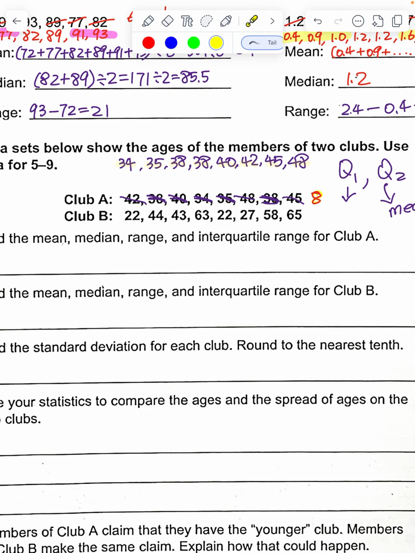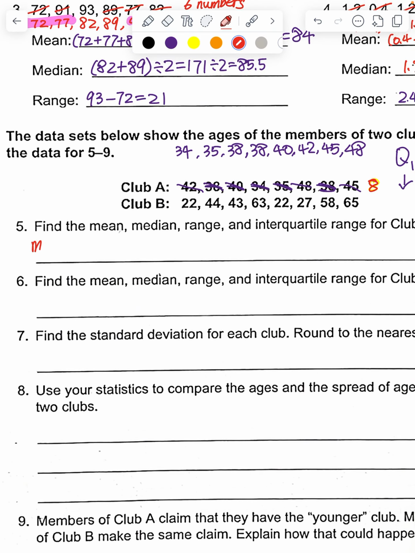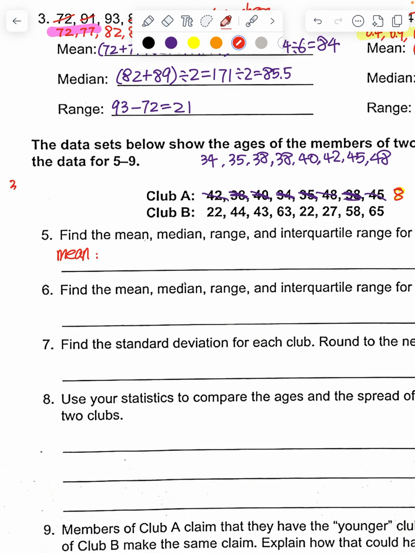All right. I add up all the numbers together: 34 plus 35 plus and so on, all the way to 48. I'm going to use my calculator.